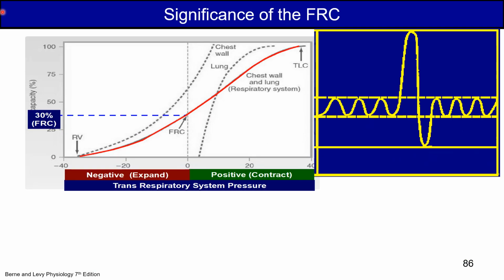So what is the significance of our FRC? The FRC is known as your relaxed lung volume. It is the lung volume or the capacity wherein the elastic property of the chest wall and the lungs equalize each other. It is the relaxed lung volume which the respiratory system will try to maintain if the respiratory muscles are relaxing.